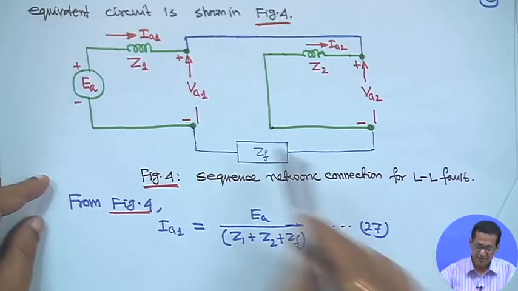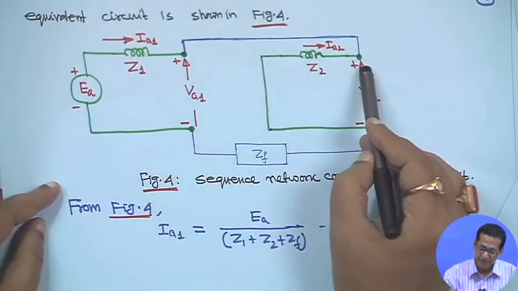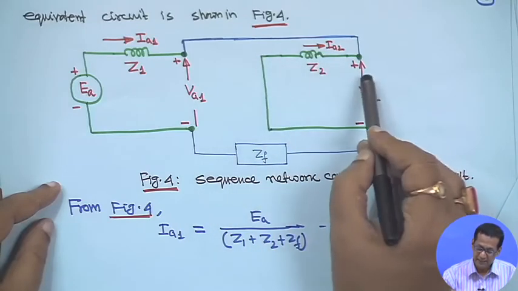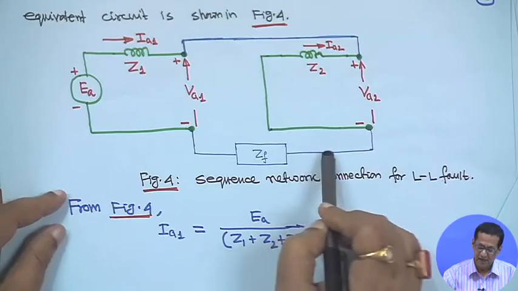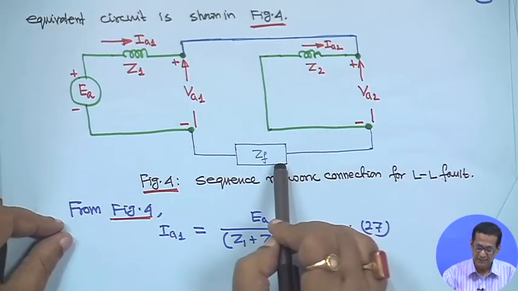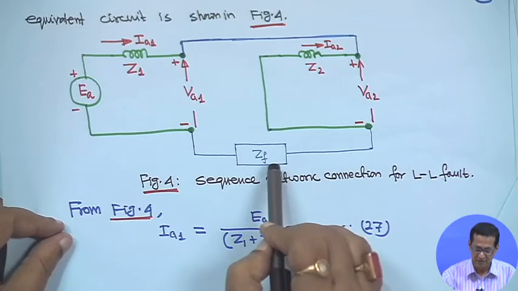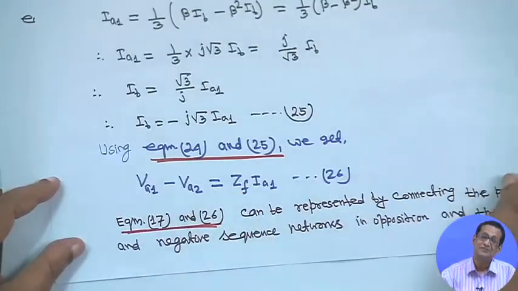This is your VA1, this is your VA2. Now apply KVL here. Going around, plus VA2, then this current IA1 gives I1 ZF, which is nothing but minus IA2, then minus VA1 is equal to 0. That means VA1 minus VA2 is equal to ZF IA1.